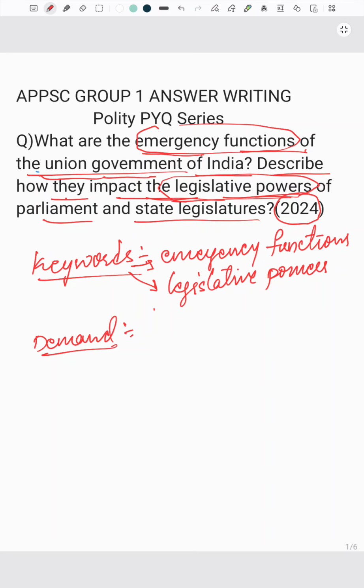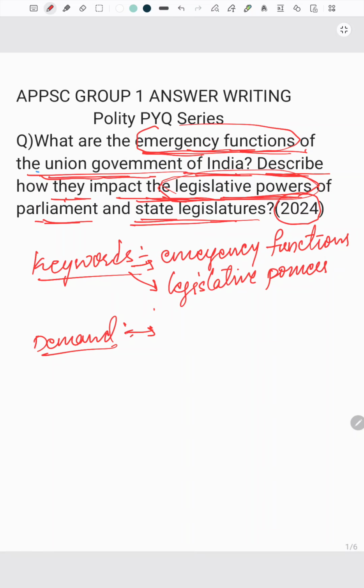Next we'll look into the demand. What is the demand of the question? What are the emergency functions of the Union Government of India? Describe how they impact the legislative powers of the Parliament and state legislature. If you see, the question looks a bit large in appearance itself. As I told you, whenever the question is a bit large, it is easy for us to understand the demand of the question. Here they are asking what the emergency functions are, and to describe how they impact legislative powers of the Parliament and state legislature.